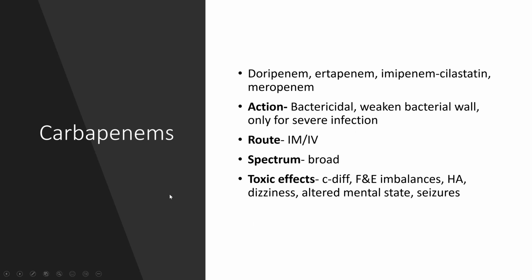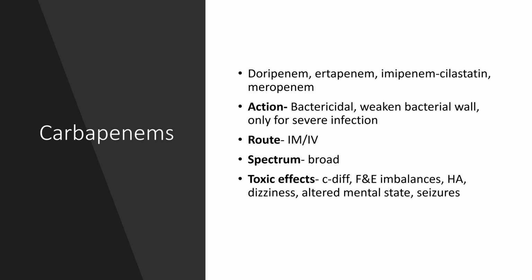Okay, our next group is carbapenems. So that's going to be doripenem, meropenem. You'll see these used in the hospital settings. So the action is they are bactericidal, and they're also reserved for severe infections. These would be given intramuscularly or IV, and they are broad spectrum.